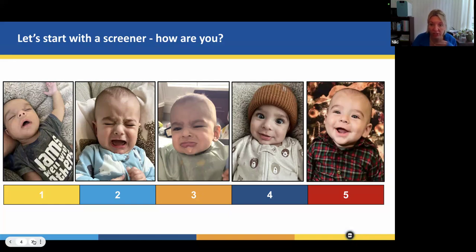I wanted to start with a screener, so you can put in the chat box or show me with your hand on a scale of 1 to 5, how are you feeling today? So these are, I always use this slide. Oh, you're an 8? I love that. So this is my baby, JJ. He turned 2 on Sunday. So I'm the proud mother of this 2-year-old toddler who I was telling Mary this morning gave me a run for my money getting a shirt on him to go to daycare.